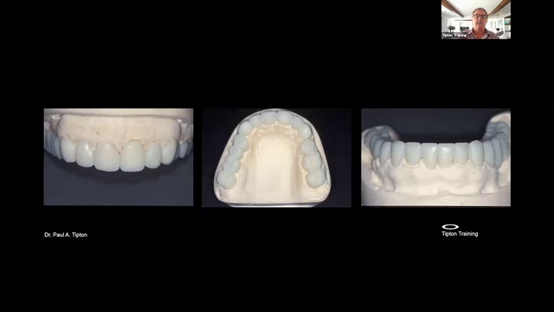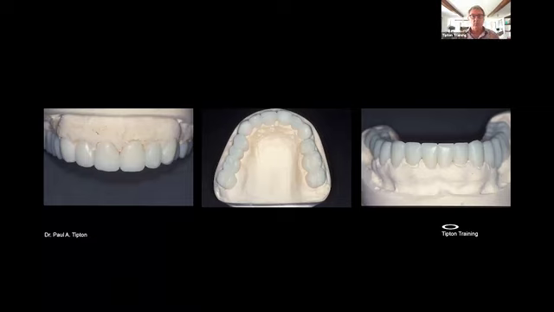And again, in the upper, exactly the same thing. We have our upper 3 to 3 splinted together, upper right posterior, upper left posterior, and we now have our prototypes in the lower. Everything from our prototypes is matching exactly our diagnostic waxing.